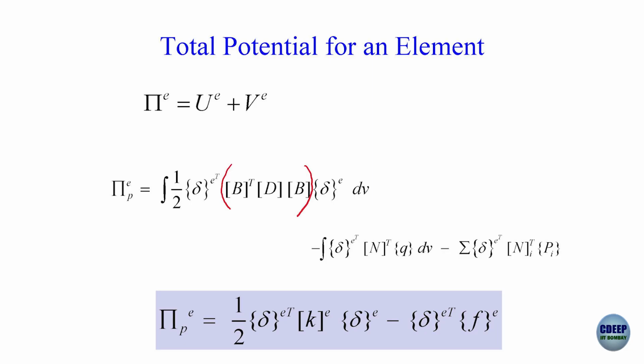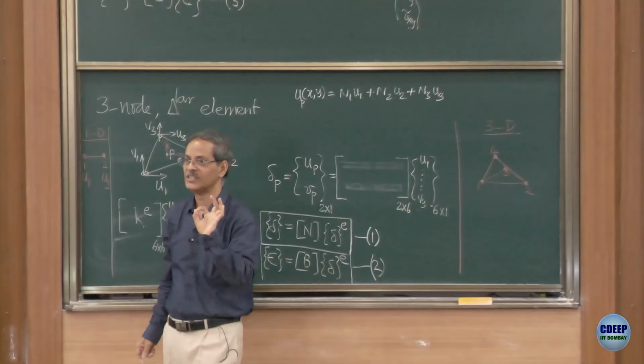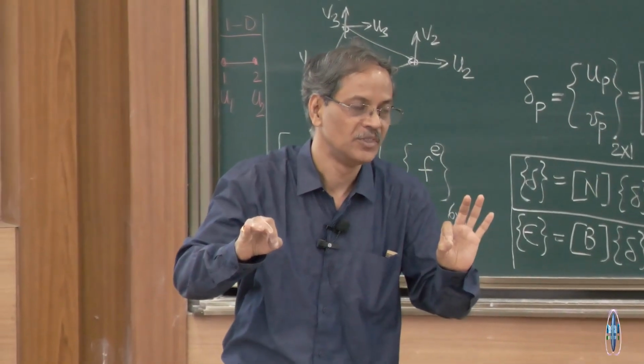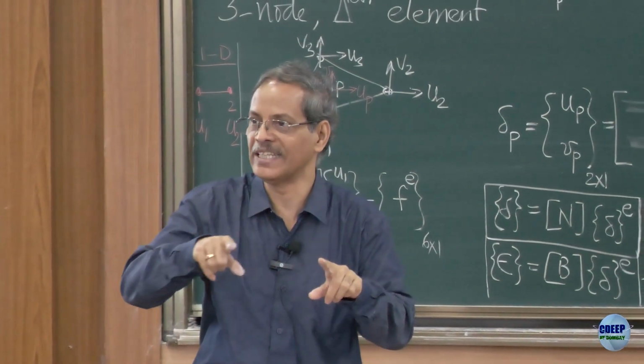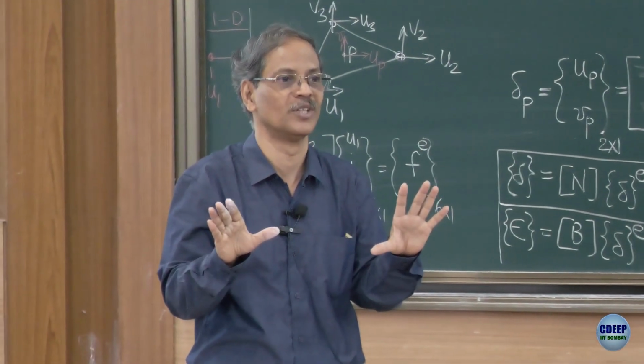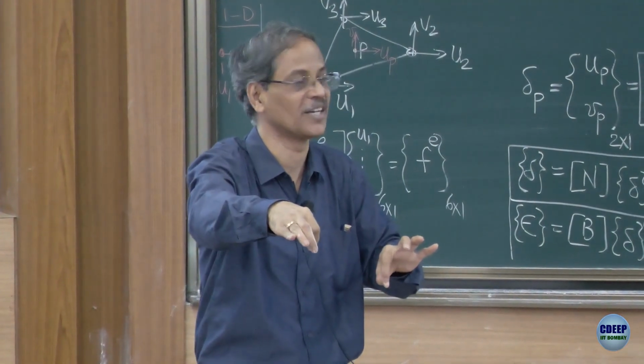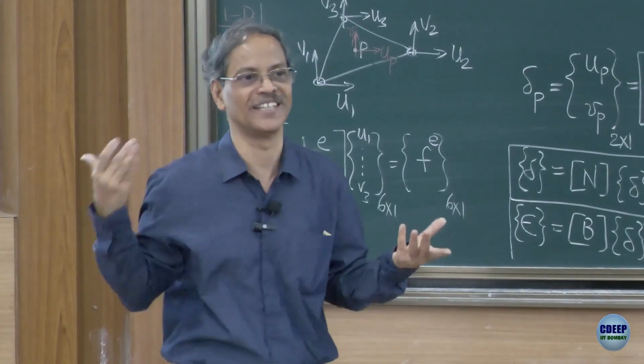Please keep in mind that delta with the superscript E is a set of nodal displacements that we have written here, U1 V1, U2 V2, U3 V3 for this element. These are the values of displacement at that node. They do not vary from point to point within the element, they do not come into the integral. These are values of displacement at the specific nodal points. So, I can actually pull it out of the integral.